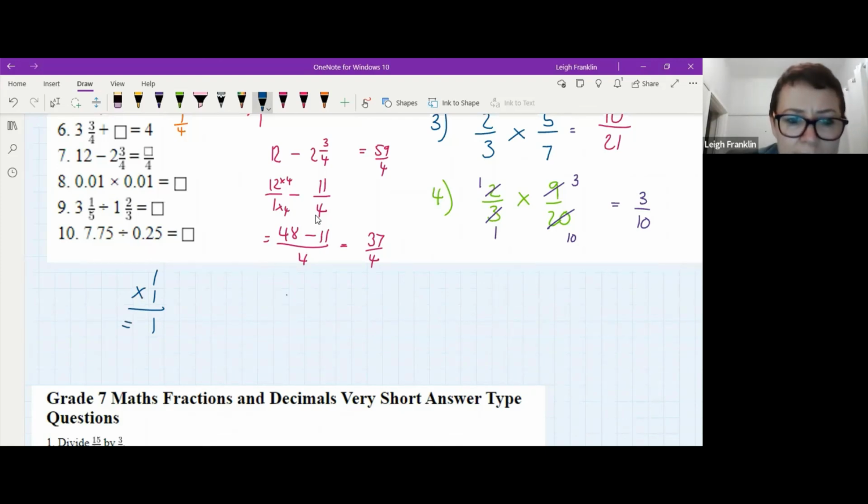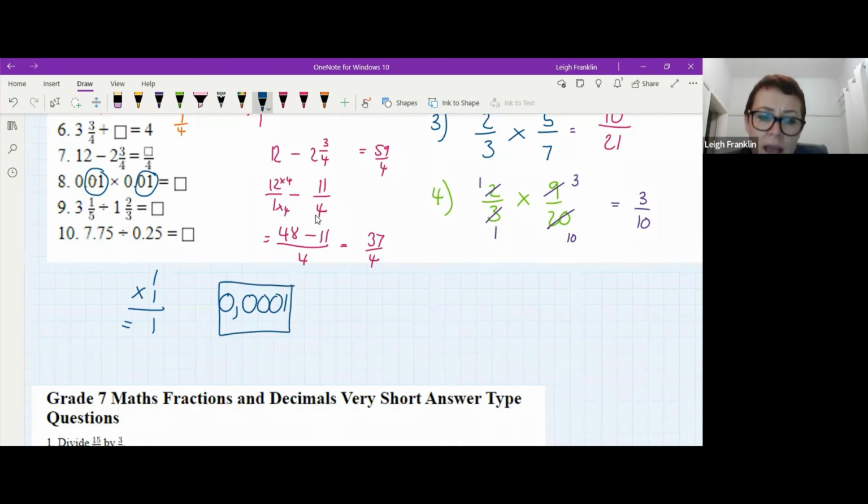So we need to have 1 in our answer, but we've got 2 decimal places in the first number, plus 2 in the second, so there are 4 decimal places in the entire question. That means that your answer has to have 4 decimal places. So it's got to be 0.0001. Okay, and that's the easiest way to multiply decimals together.